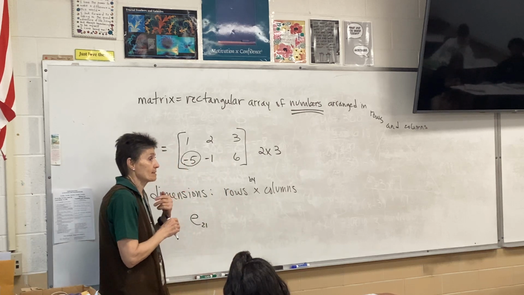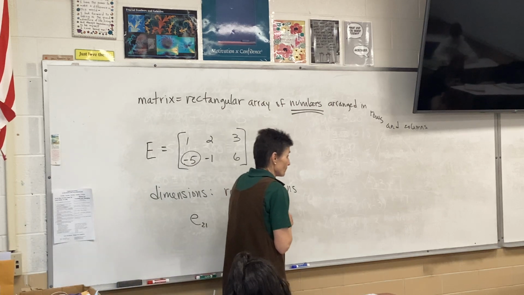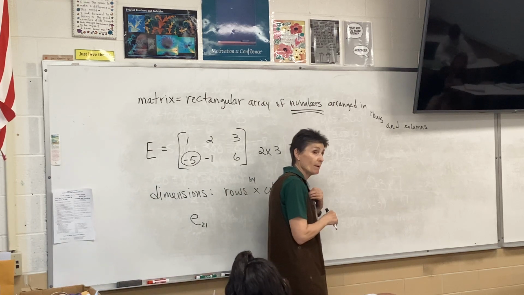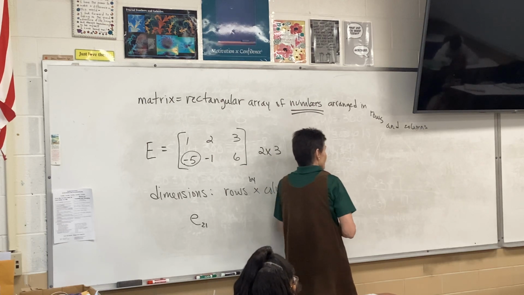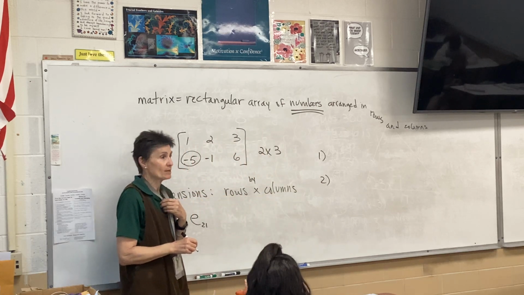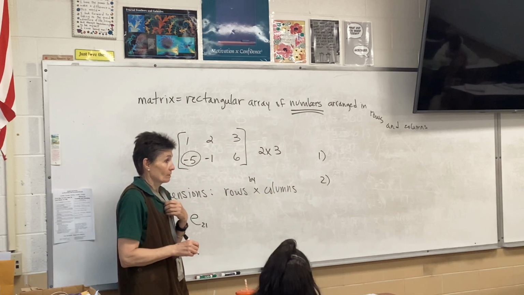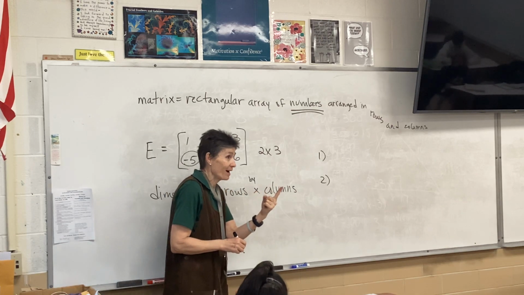Equal matrices. If I told you 2 matrices were equal, which sometimes we want to set it up that way, what do you think has to happen for two matrices to be equal? The first thing that has to happen is they have to be the same size, right?